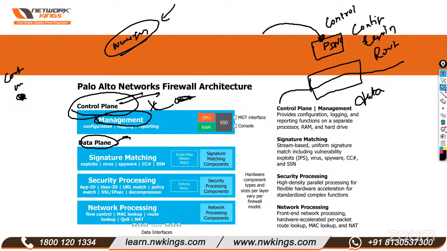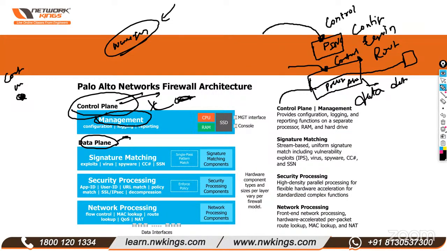So meaning that if the SSH server is outside or external to the Palo Alto firewall, the policy will be processed and it will be allowed through the firewall, which is known as data plane for the firewall. What is coming to the firewall is control plane.